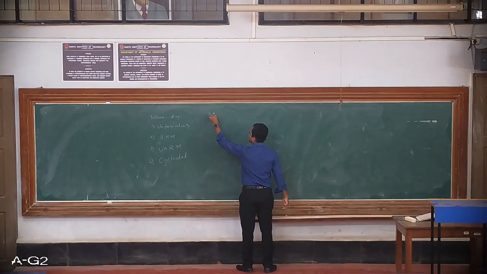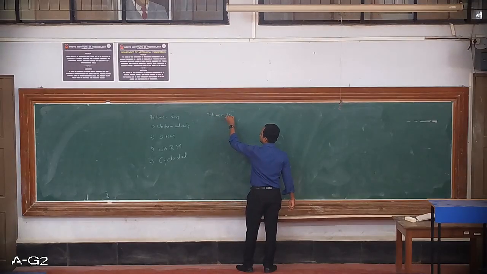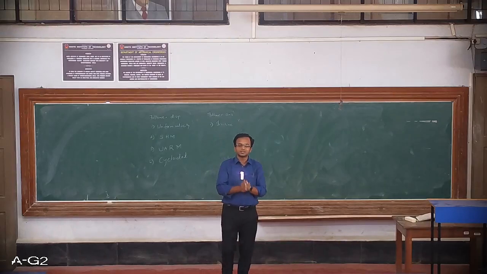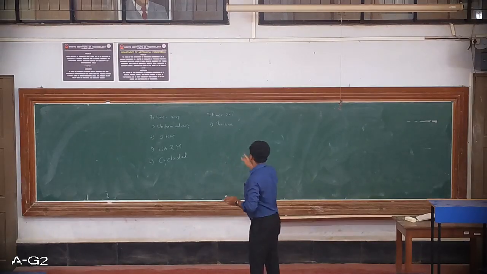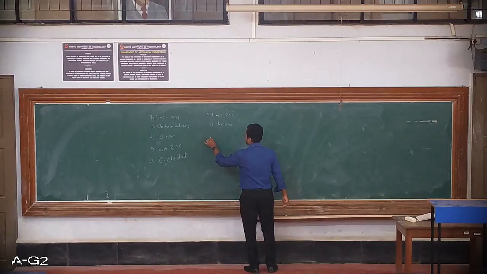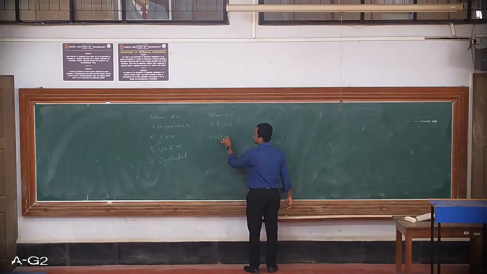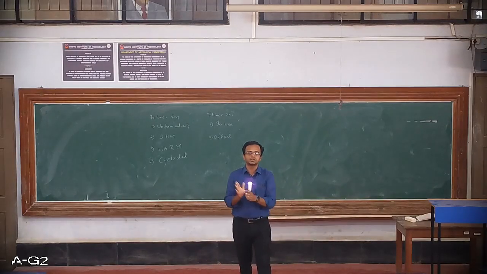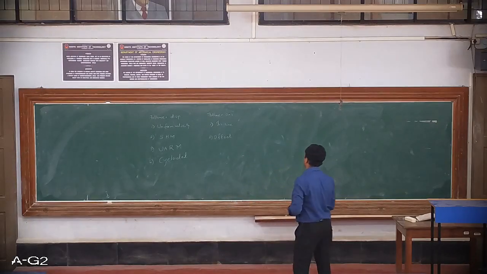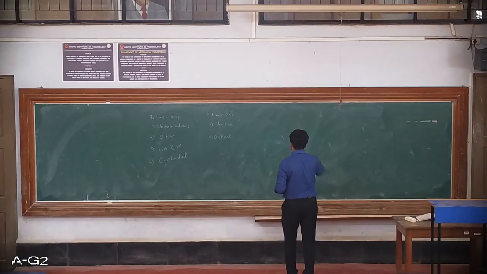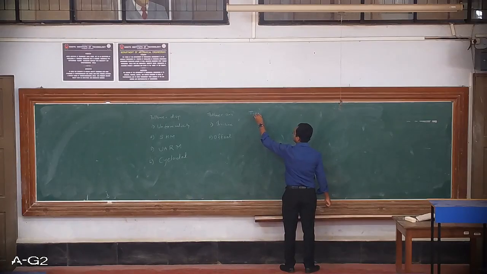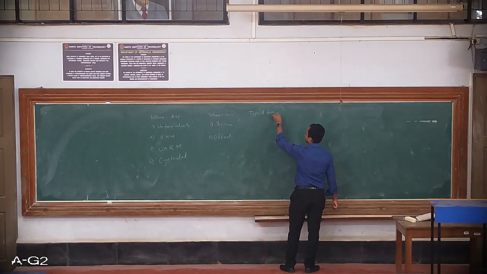Next category is the follower axis. So it could be inline. When I say inline, means the axis of the follower and the axis of the CAM are linear, or it could be offset, wherein the axis of the follower is slightly away from the axis of the CAM. Okay, that is called as offset follower. Then we could have the type of follower also as a classification.